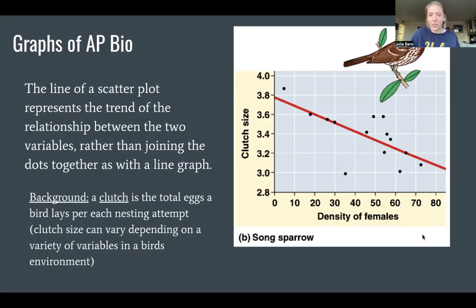So in this graph, you notice that as there are more females in a particular area, their clutch size decreases. So this is a really interesting connection that both plants and animals are doing something similar. Again, as a detective, think about what the story is that these people are trying to tell with their research.